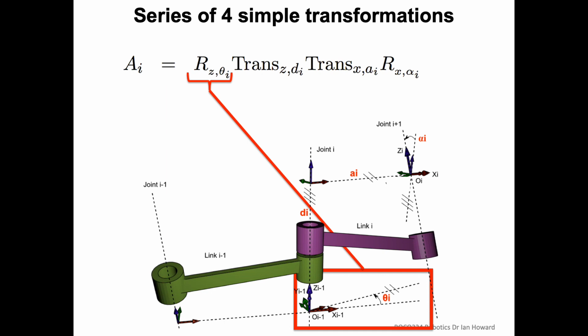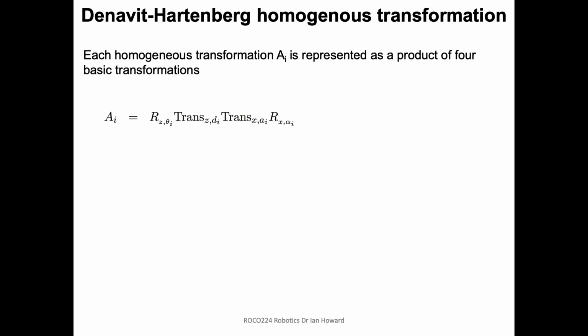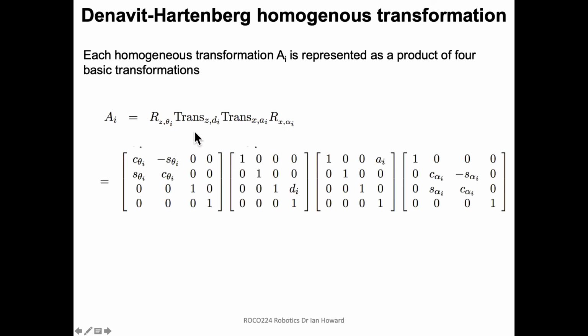So we've got those four things that we can then multiply together. We can easily work out the rotation matrix around x, the translation along x, the translation along z, and the rotation around z. We just put in our homogeneous transformations, and we put in the parameters that we've got for theta, alpha, a, and d.